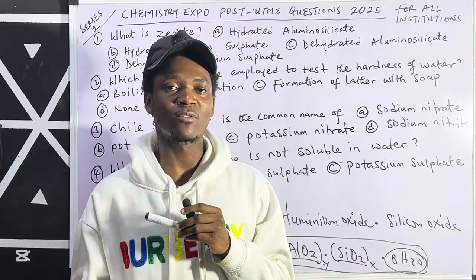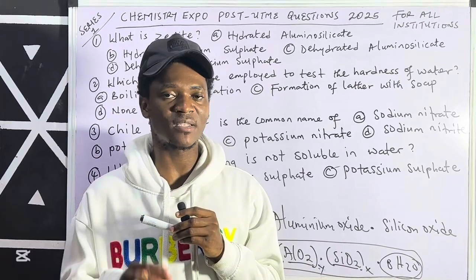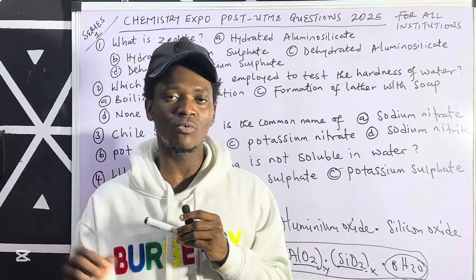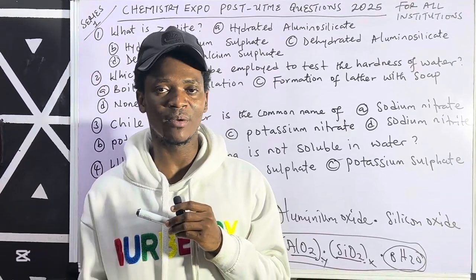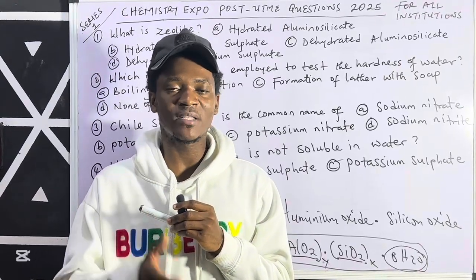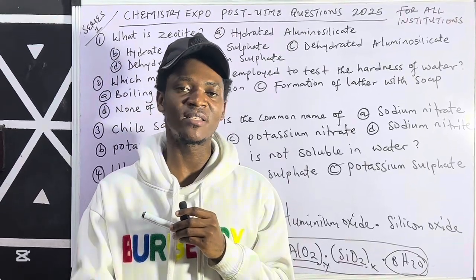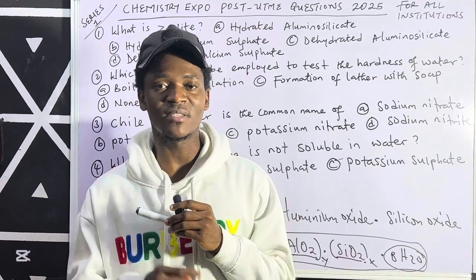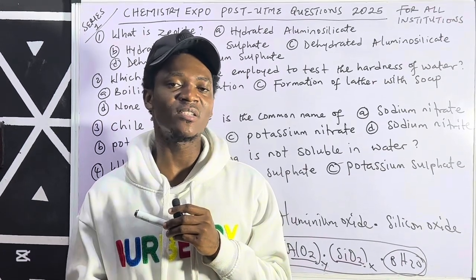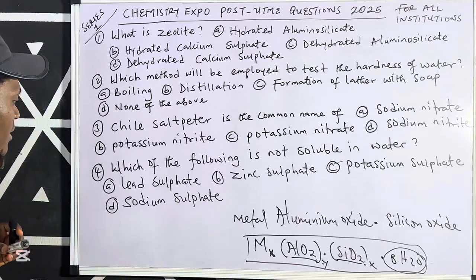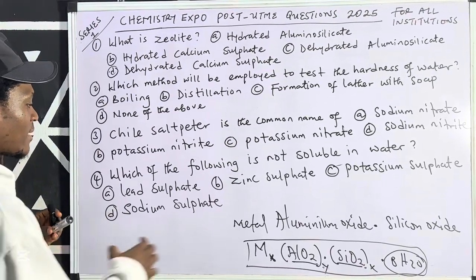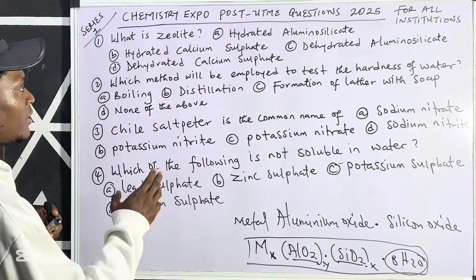And efflorescent compounds usually contain water of crystallization, meaning that dot H2O. Now, efflorescent compounds are also called hydrated compounds, because the moment you add water to a substance, you are hydrating the substance without water causing any form of chemical changes on the substance or altering the chemical properties of the substance. So looking at that, this can be a representative of the formula of zeolite.